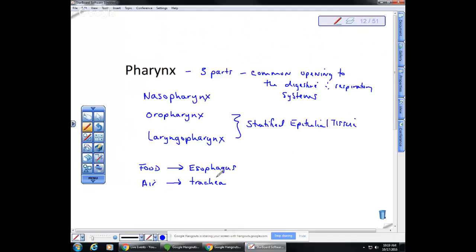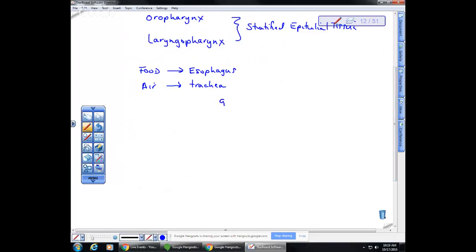And so if we look at the opening to the trachea, we have a structure that is called the glottis. So the glottis is the opening to the trachea. Now, food could potentially get through the glottis, except for the fact that we have an epiglottis.